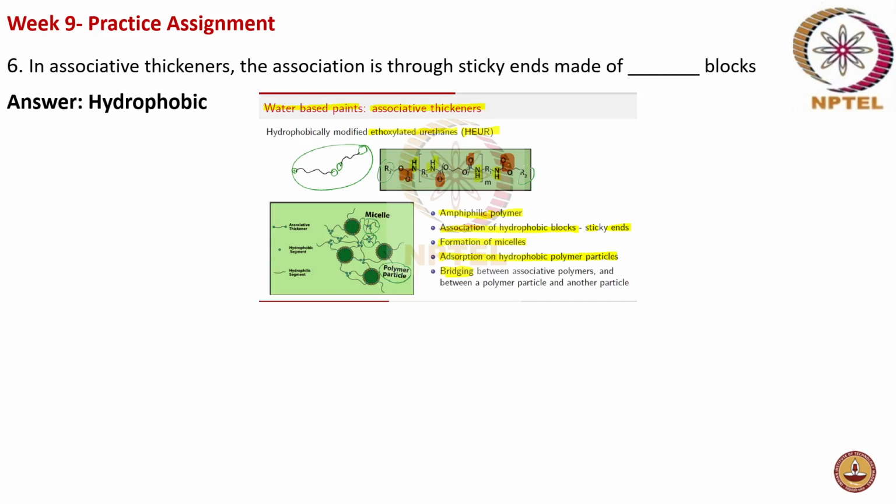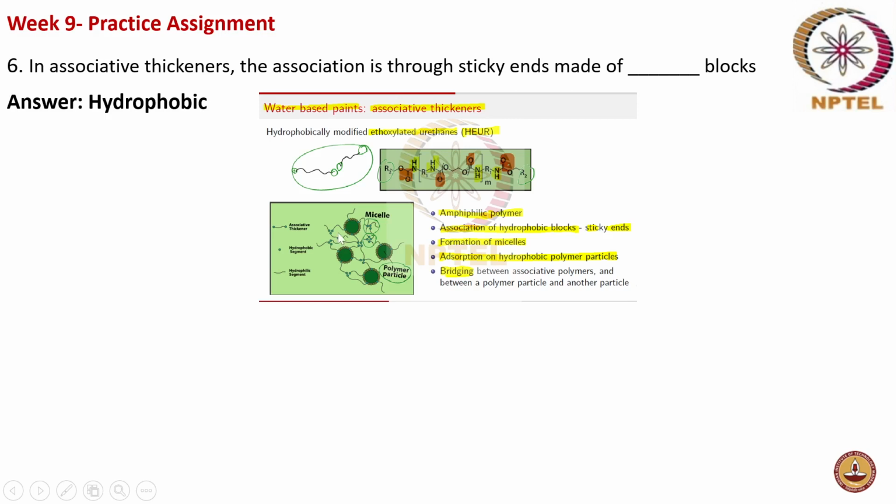So if you see water-based paints or adhesive thickeners, associative thickeners, a classic example is hydrophobically modified ethoxylated urethanes. If you see the structure, you will see some R2 and R2 here. These are the hydrophobic ends. What these hydrophobic ends do is that they tend to align and stick together. That is what you see, these green round segments, they are getting associated, right?